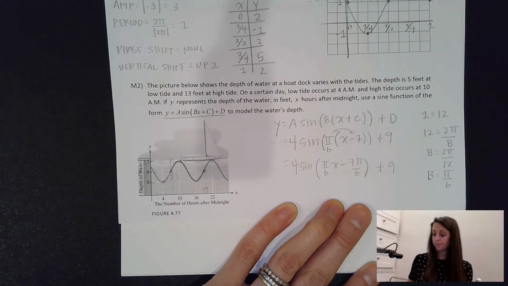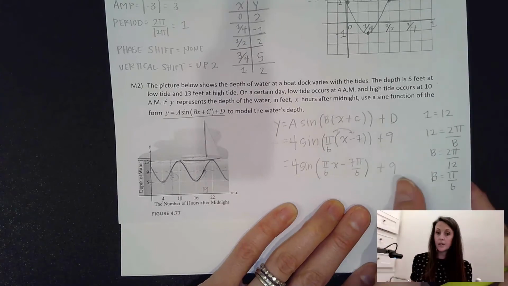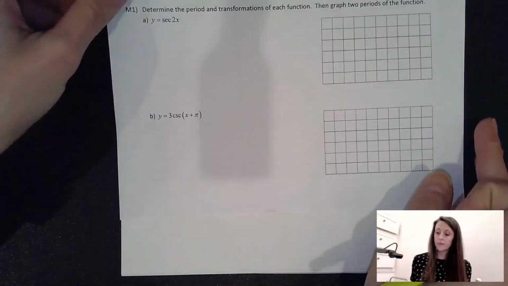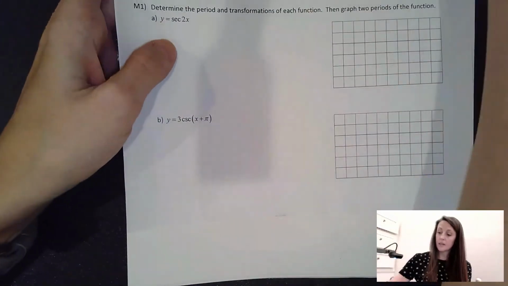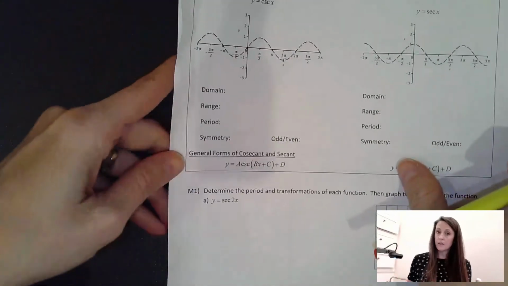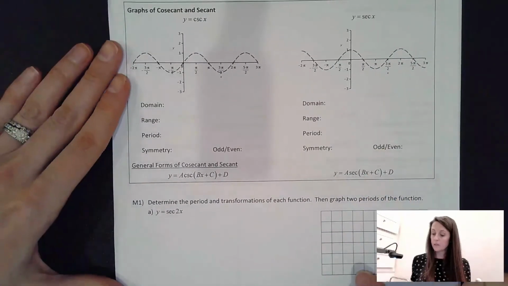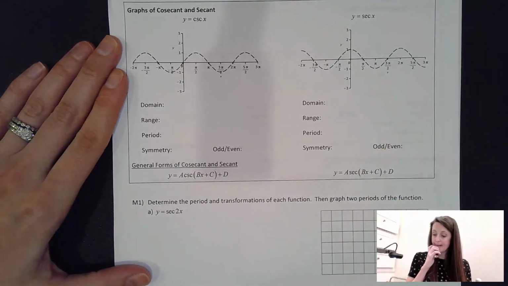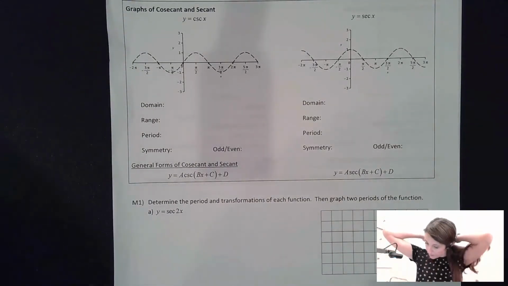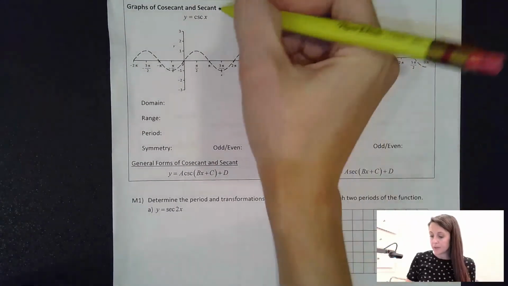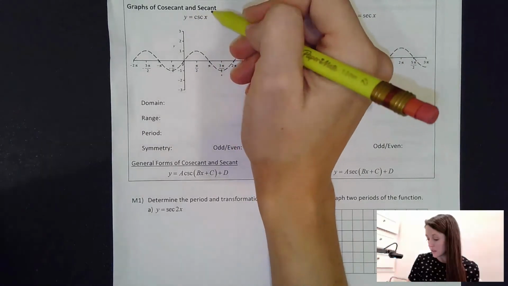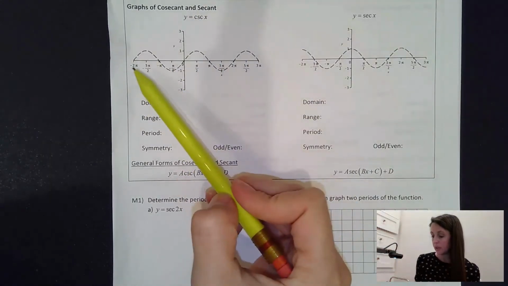Good. All right, so today we're going to look at graphs of secants and cosecants and tangents. Okay. All right, so what do you notice about cosecant is the reciprocal of sine, right?